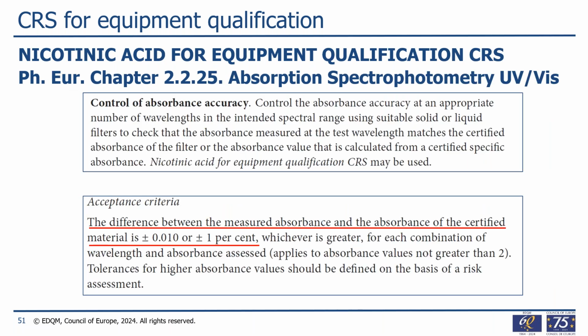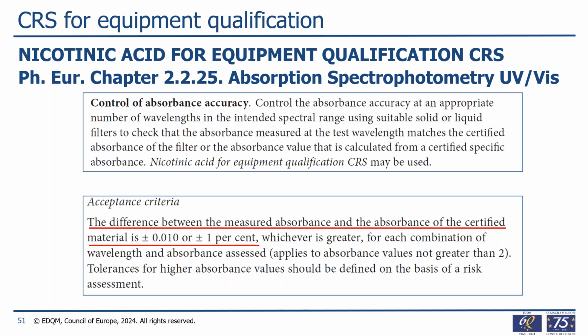Another case is nicotinic acid for equipment qualification, CRS, which is used in the chapter for absorption spectrophotometry, UV and visible, where it is used to verify the absorbance accuracy of the instrument. Here, again, the procedure and the acceptance criteria are defined in the chapter, so it is quite straightforward to use our reference material.